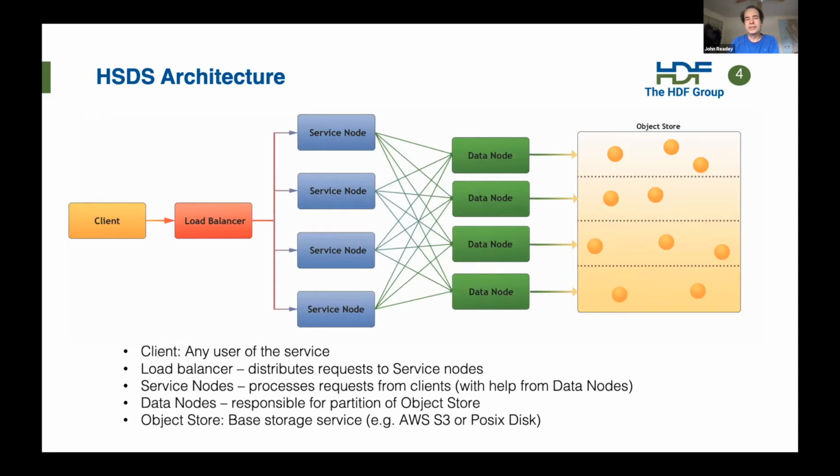We've partitioned the data store so that any storage object in the data store is owned by a specific data node. As we scale up or scale down the number of nodes, it automatically reconfigures, so we'll switch ownership. The idea is that, especially in multi-writer scenarios, you always know who has the authority of truth of the current state of any object.